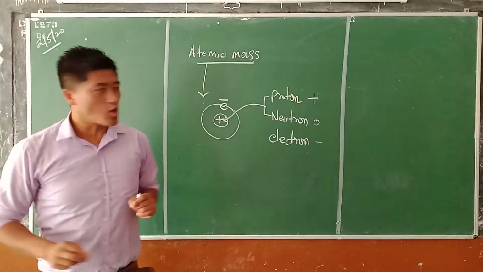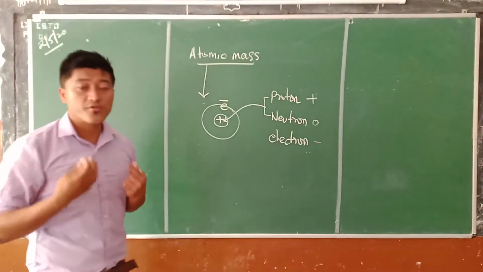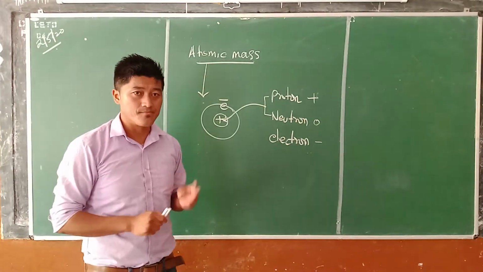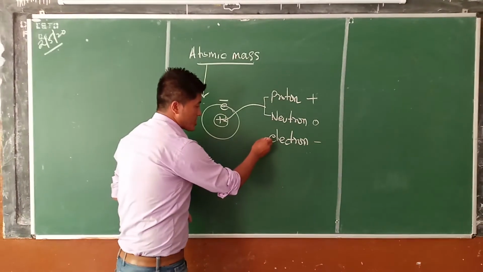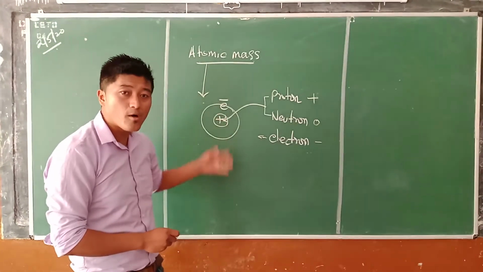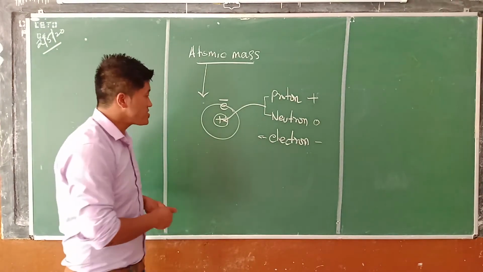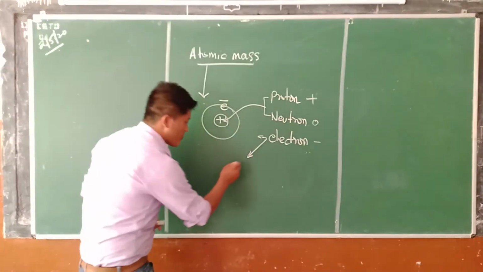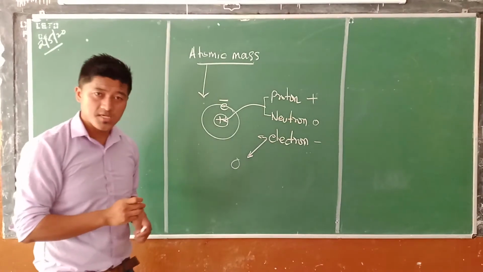Whenever we talk about atomic mass, it is important to know that there are three subatomic particles in an atom. But it doesn't matter how many electrons are present, because the electron has a mass negligible, close to 0.